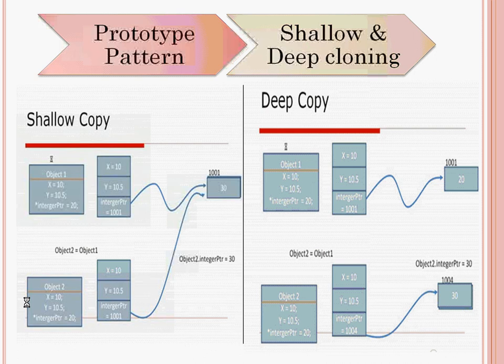So the value gets copied, and when it comes to the pointer, it copies the same address. So the new object would refer to the same memory. So any change to the object would impact object 1. If you change the clone, it will impact the prototype.